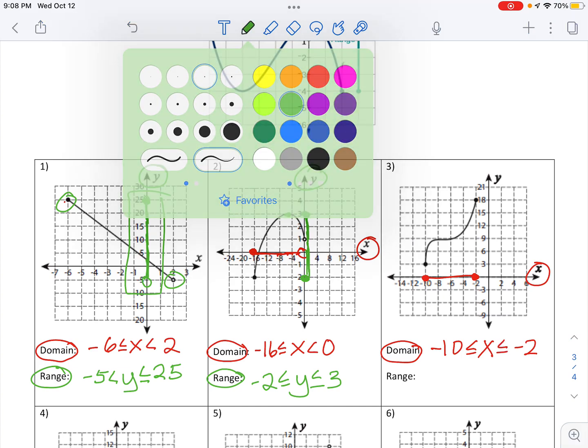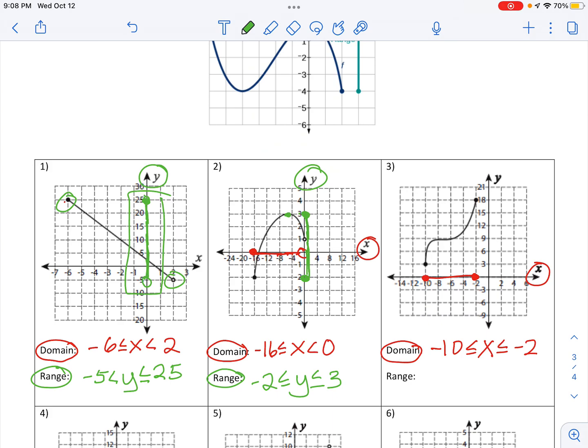Then we can go back and do the range. Our lowest value is right here at 3, going all the way up to 18. Both of those are closed circles again. So our range, our y's, would go from 3 to 18, and both of those are equal to, with the solid circles.